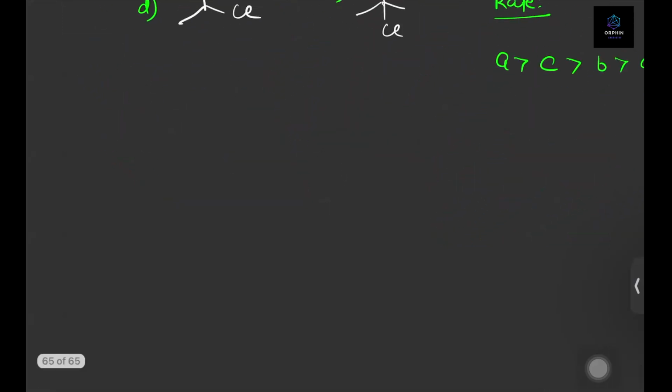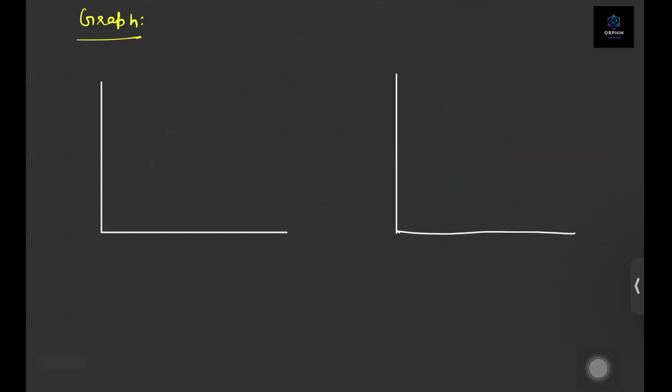So how is the graph? The last thing we can see is the graph. You have to tell me which graph belongs to SN1 and which belongs to SN2. I'm making the graphs, or we can say energy profile diagram. Energy versus reaction coordinate.